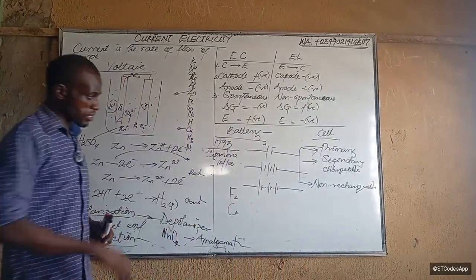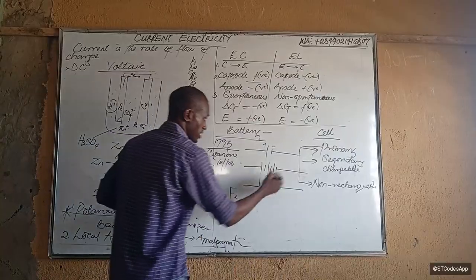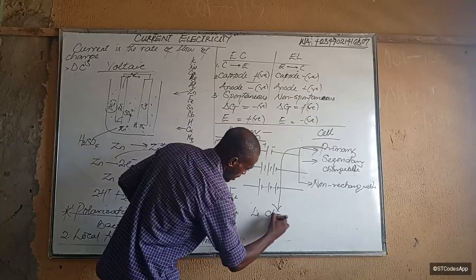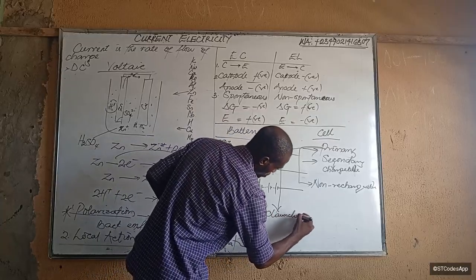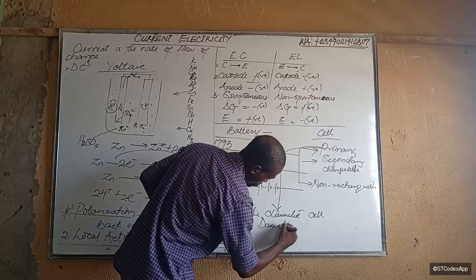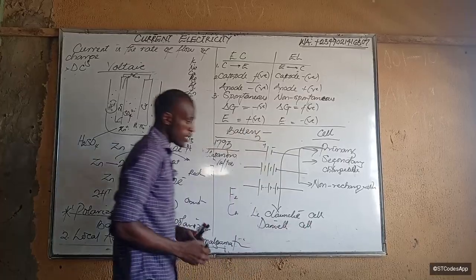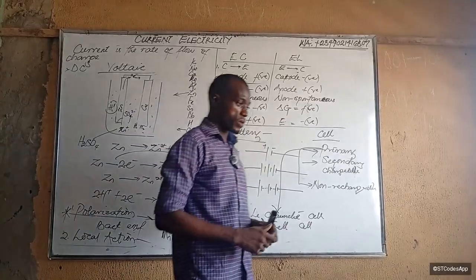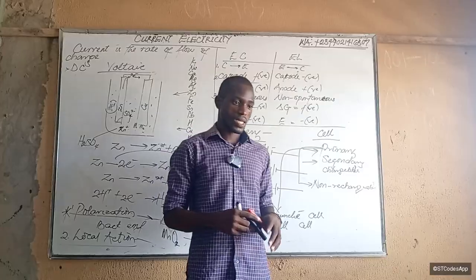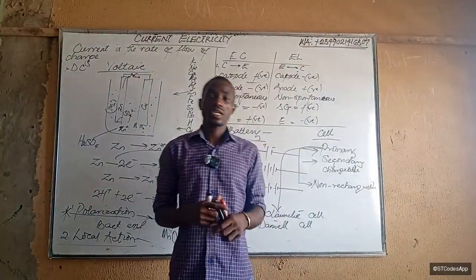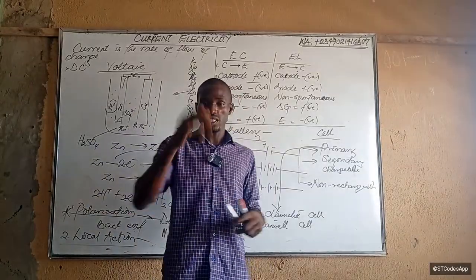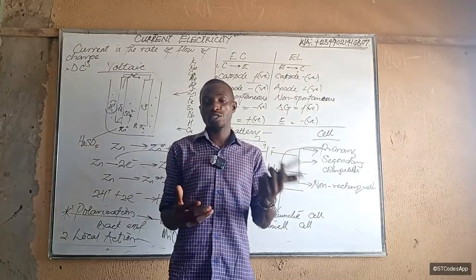All right. So we've talked about the types of primary cell, examples of primary cells that we have: the Leclanche cell and the Daniel cell. There's also a level of superiority in terms of how much they deliver.